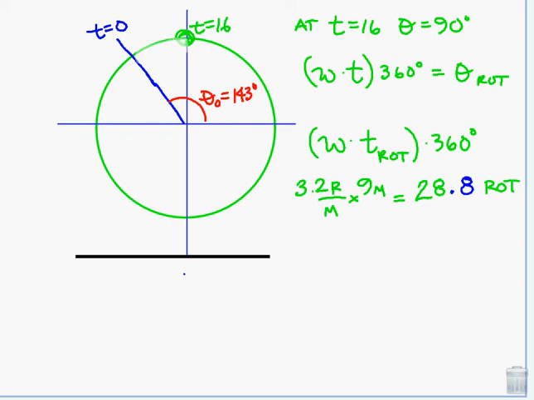All I need is the portion, or the fraction of the circle past a full rotation. So if I take 0.8 times 360, I'm going to get an angle measure of 288 degrees, which is 288 degrees from time 0. So I've gone 360 degrees 28 times, and then I've gone an additional 288 degrees.